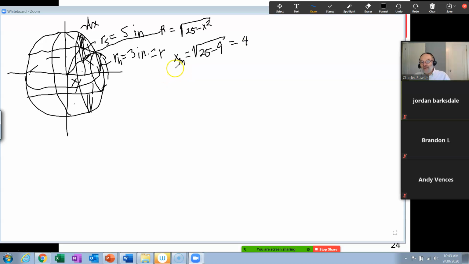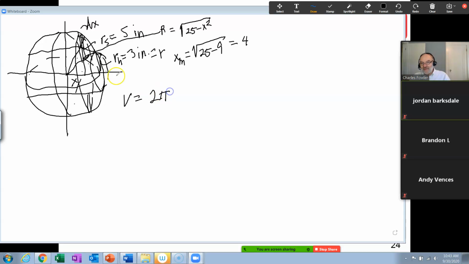So our x is going from, now here's where I'm going to cheat some, 0 to 4. But wait a minute, don't you have a sphere over here? Yes, but that's completely equivalent to the front side. So the volume is going to be twice pi.